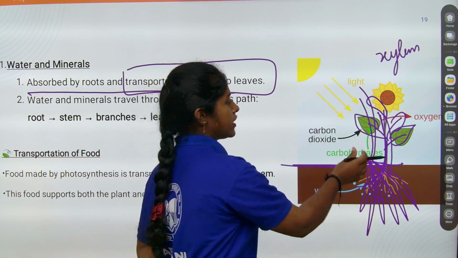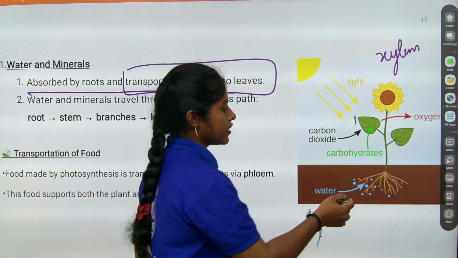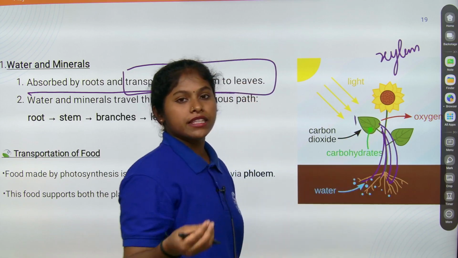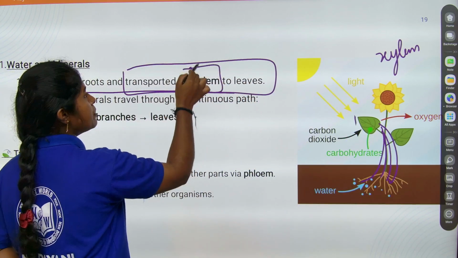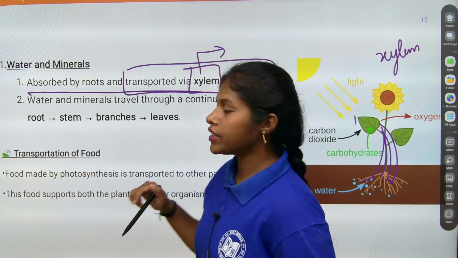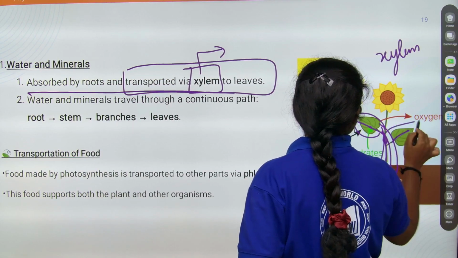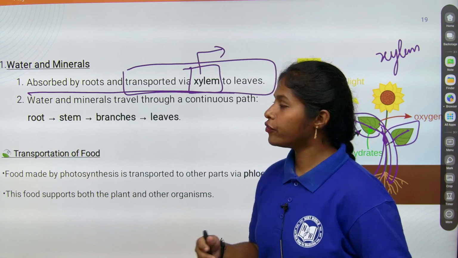So the water should be transported against the gravity, right? Which tissue helps in the travelling, children? It's nothing but xylem. Via xylem, the water is transported upwards in the plant and distributed, mainly to the leaves of the plants, which is helpful in the synthesis of food, right.